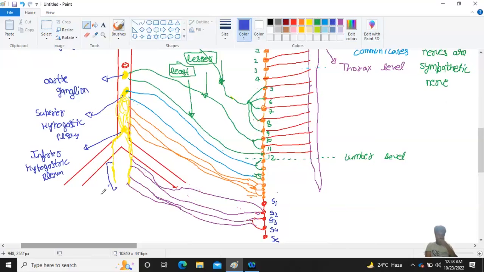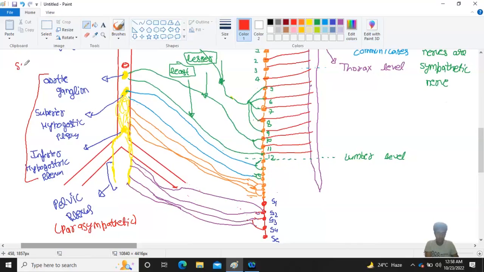The pelvic plexus is parasympathetic, and all these are sympathetic nerves.